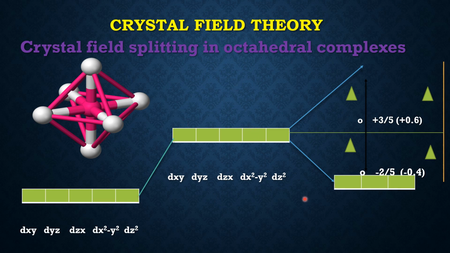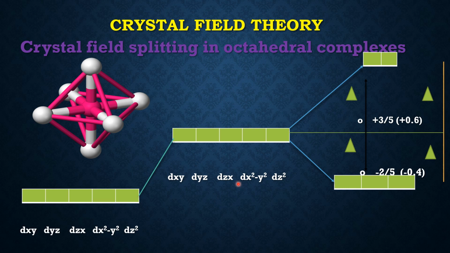How does the splitting occur? The low energy orbitals go to the lower end, and the high energy orbitals go to the higher end. What are the higher end orbitals? What are the lower end orbitals? The orbitals along the axis are always higher in energy, because the bond direction is only along the axis.